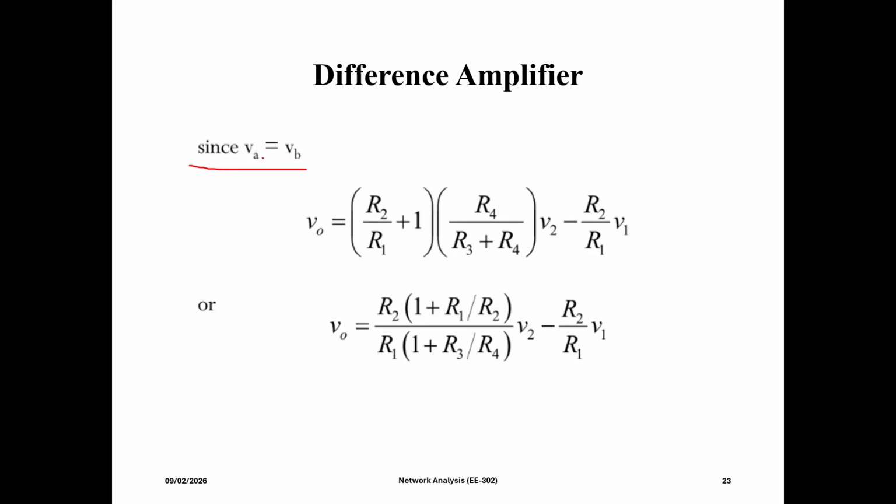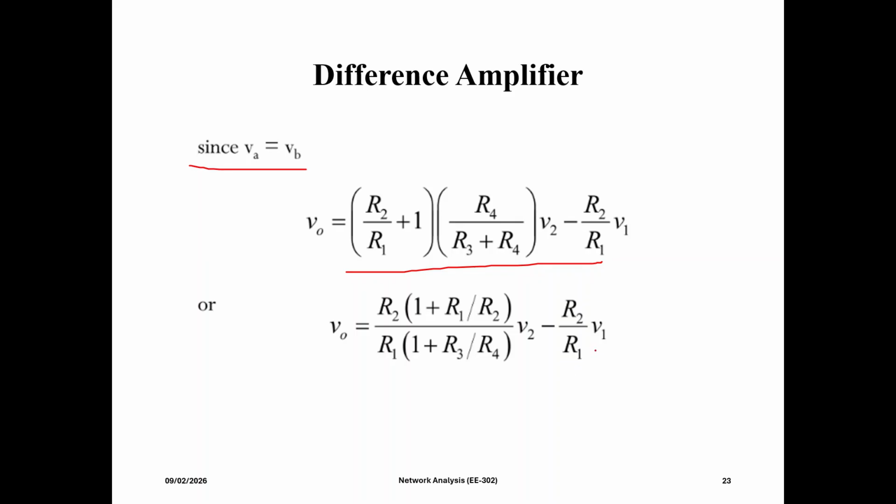Substituting VA with the expression for VB into the previous equation from node A, we will get V output is equal to this one. By simplifying this we will get V output is equal to R2 over R1 into this term into V2 minus R2 over R1 into V1.